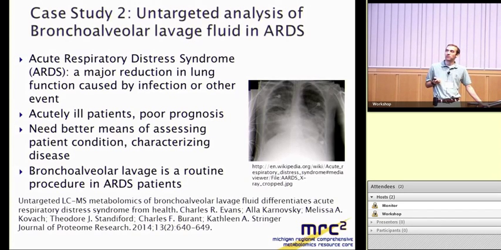It turns out that a common procedure performed on these patients is bronchoalveolar lavage. This is a picture of a lung X-ray of a patient with this condition. I couldn't tell you from that X-ray that the patient has the condition. Someone else presumably could, who is a medical doctor. This is the paper that we'll be referencing on this study.